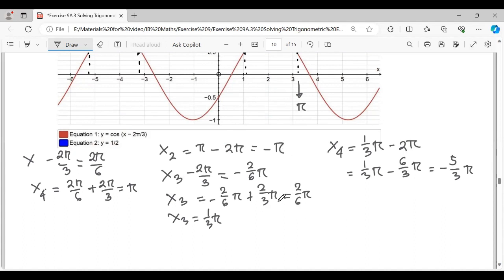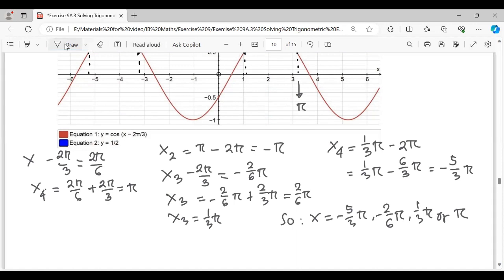So x values are negative 5 third pi, negative 2 over 6 pi, 1 third pi, or pi. Okay.